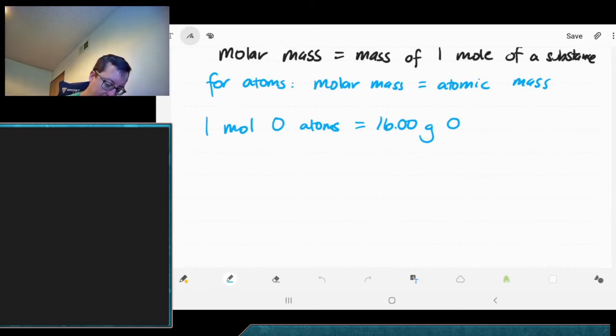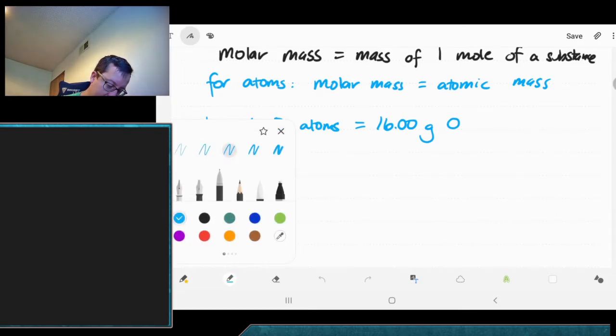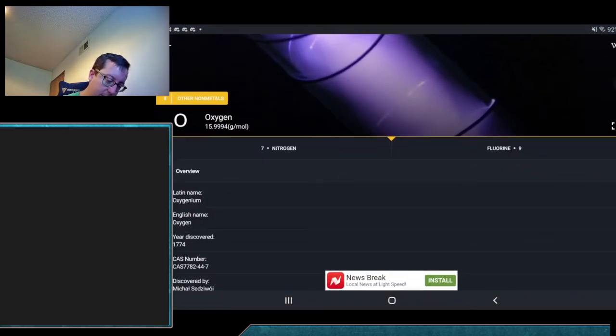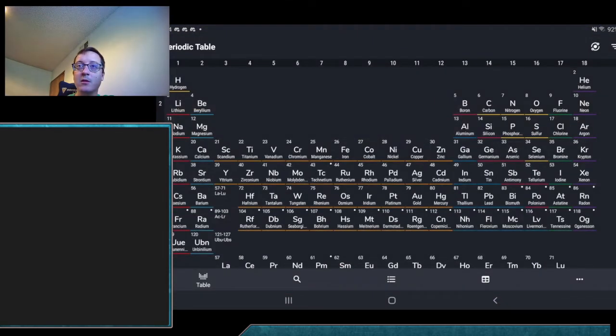If I were to say, okay, how about if I have 1 mole of, I don't know, what's our next favorite element? How about the xenon atoms? Well, that one I don't have memorized, so we'll go and find xenon on the periodic table. Aha, it's on the right, number 54 there.